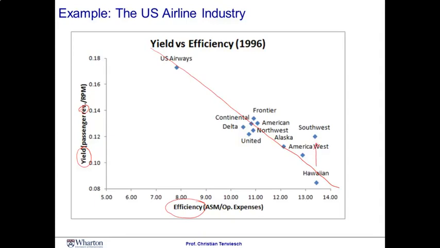Southwest has been able to achieve a much higher productivity compared to the big legacy carriers, and thereby has been able to shift the frontier, largely done because of their clever labor productivity, something that we will analyze later on in this course. You also notice how Hawaiian Airline has been able to achieve a similar productivity, largely because of their small route network, but has not been able to command the high prices relative to Southwest. Now this is data from 1996.